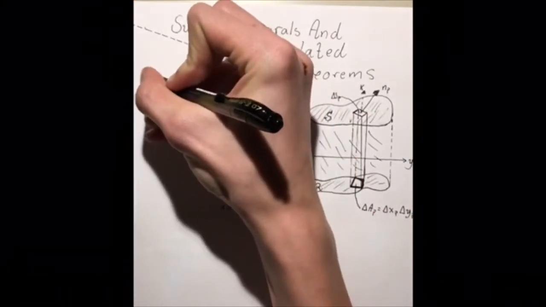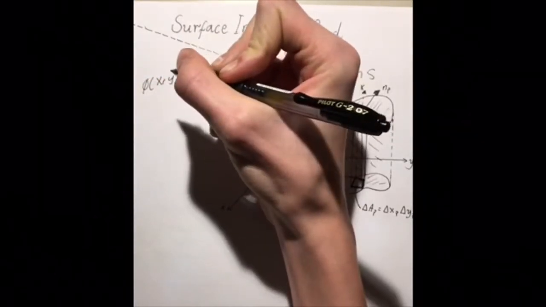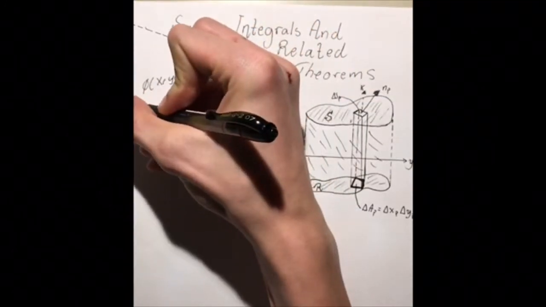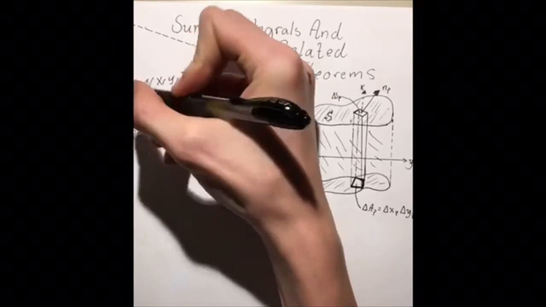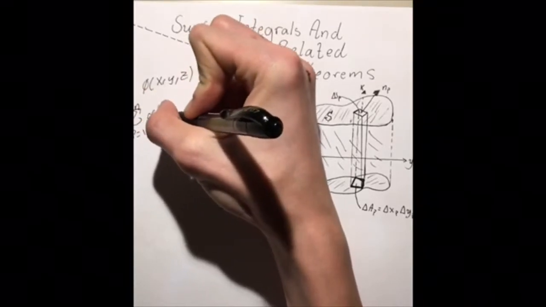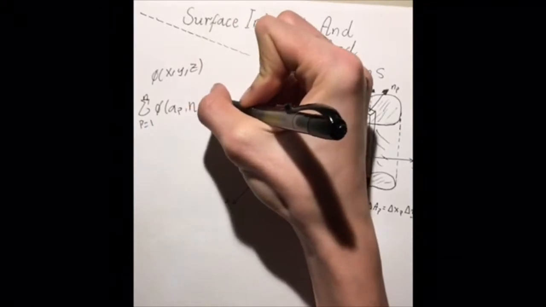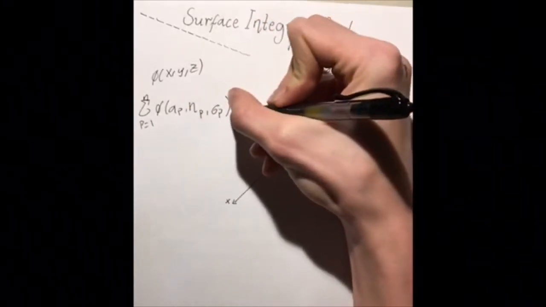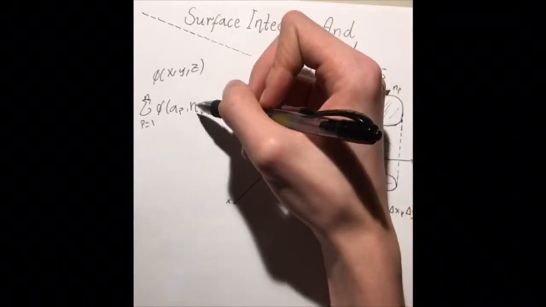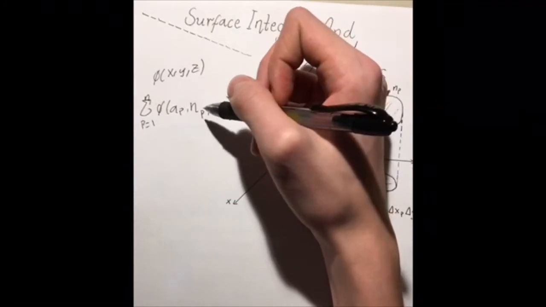Let then phi of x, y, and z be single valued and continuous at all points of S. Then form the sum from p equal to 1 to n of phi of alpha p, eta p, sigma p times delta S_p, where alpha p, eta p, sigma p is some point of delta S_p.